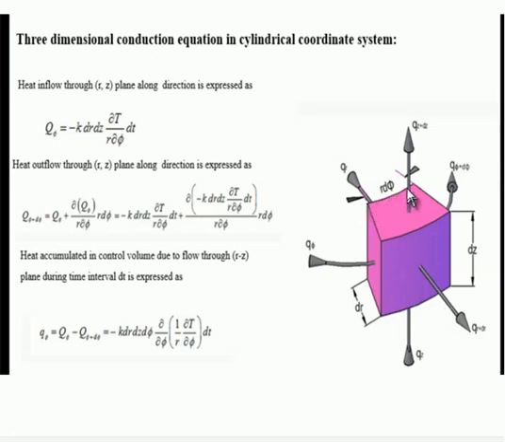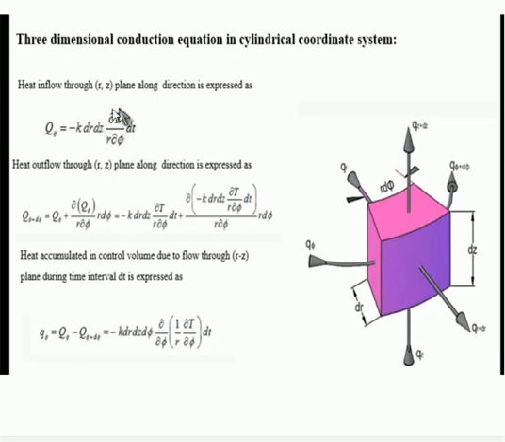So Q phi is equal to minus k, dr dz, into dou T divided by r dou phi.